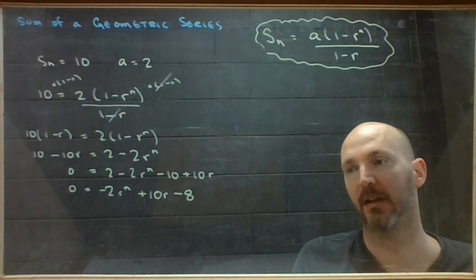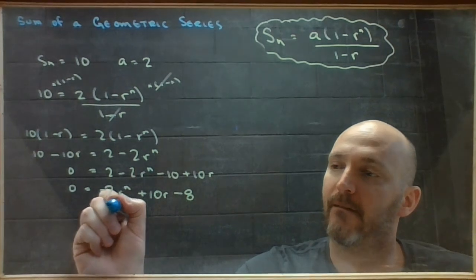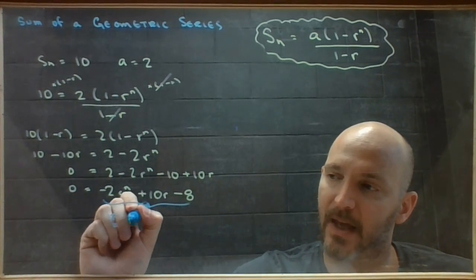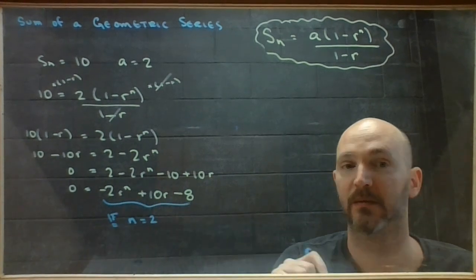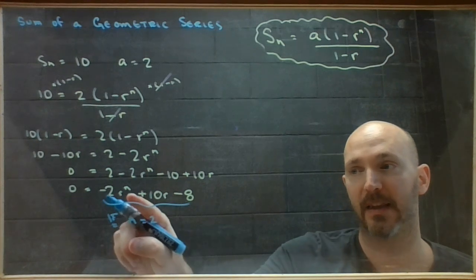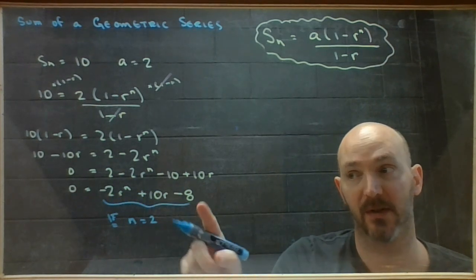Okay, we're going to look at that particular thing here. If N was 2, you're only allowed 2 terms in this sequence, that would make this a parabola. And you could use quadratic formula in order to solve this equation.